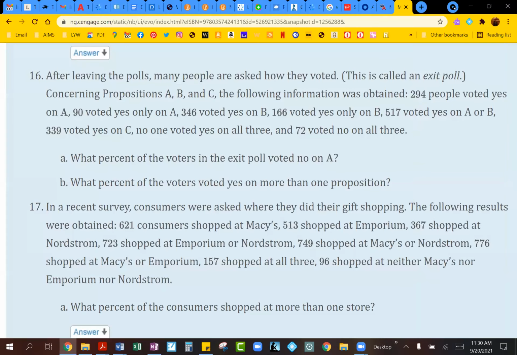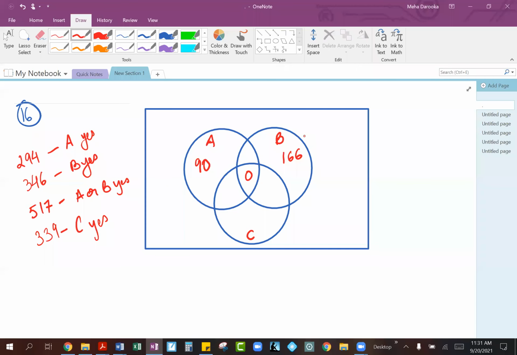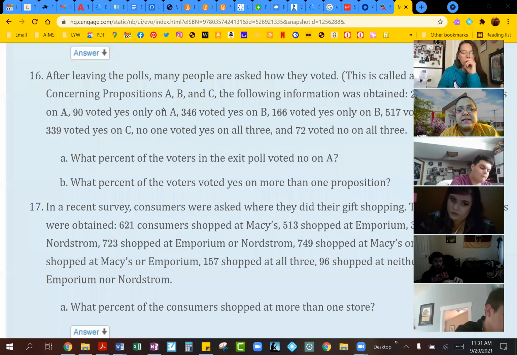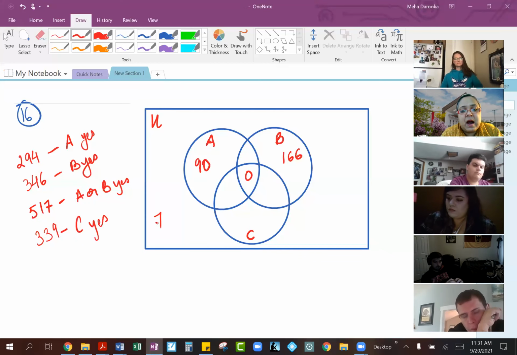And then they are also telling us the last thing, 72 people voted no on all three. So where do you think those 72 people who voted no on all three are going to go? In the universal area. Yeah, very nice. So those are the people, since they are not part of any proposition that they voted yes on, those 72 people are actually going here on the outside of the circles.